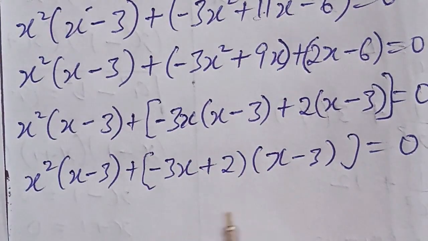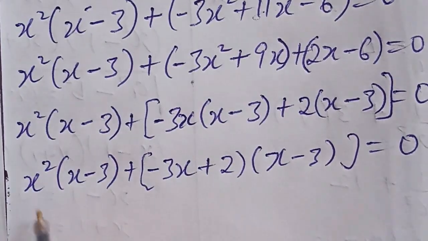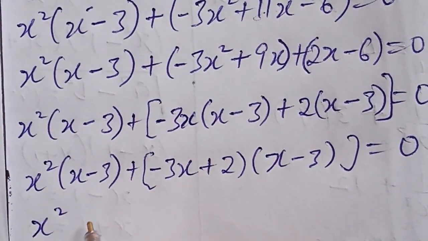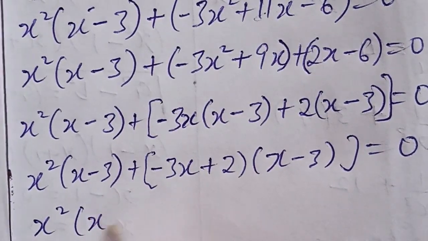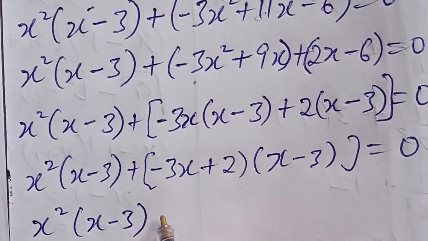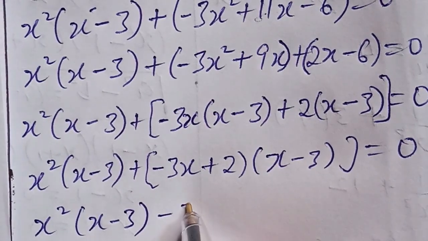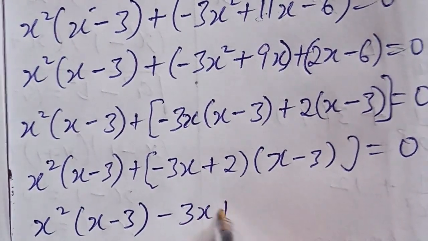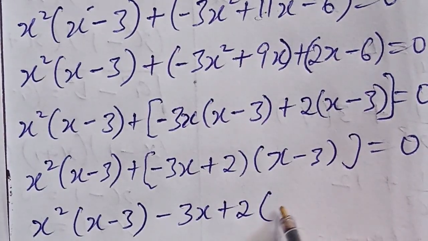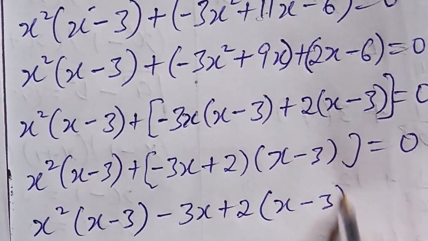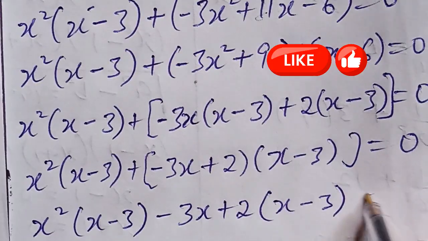So over here, this can now be written as x squared into bracket x minus 3, close the bracket, minus 3x plus 2, then into bracket x minus 3, close the bracket, equal to 0.